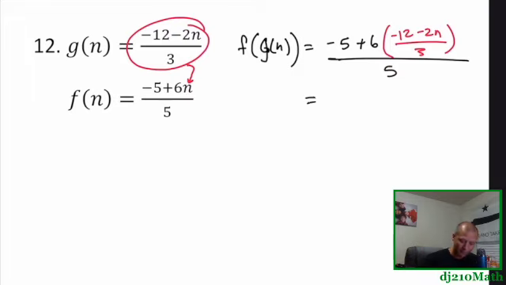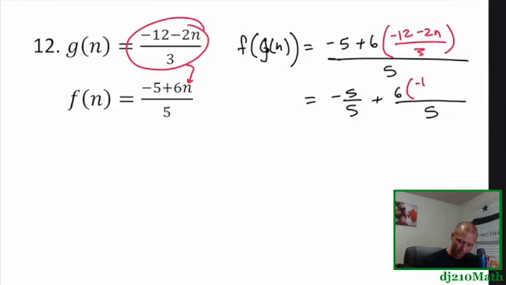So I can actually break up the denominator. So negative 5 over 5 plus 6 over 5. And then this is going to be negative 12 minus 2n over 3.